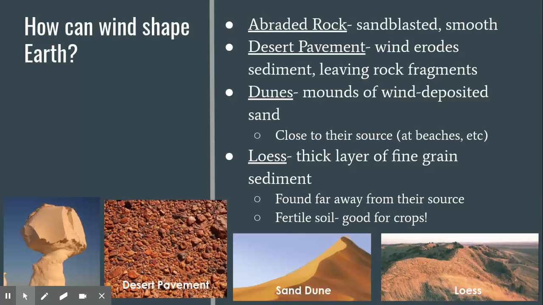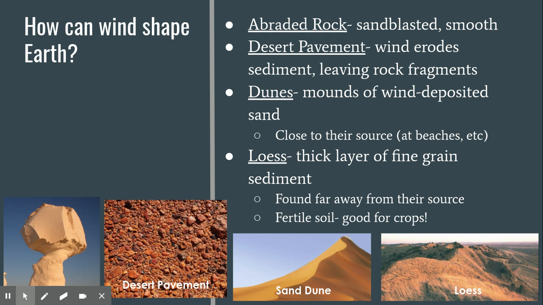So that's why you see this rock here closer to the bottom is more worn away than it is at the top. That's because the sand is heavy enough that it wants to stay closer to the ground. It's heavy enough that the wind can't pick it up all the way. So as the wind blows it around, it's going to wear away the bottom areas of those rocks. Okay, so that's called abraded rock.